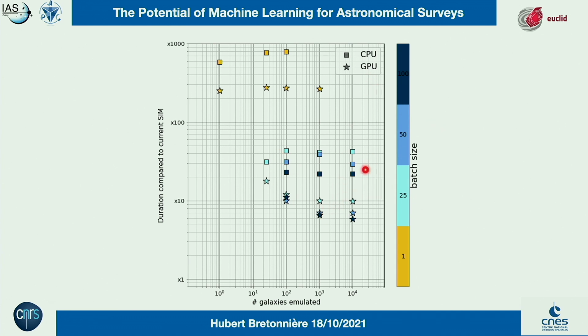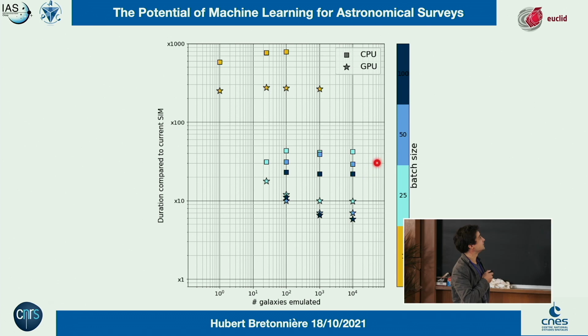The squares are galaxies simulated with CPUs, and the stars are when we use our model with GPUs. And so you can see that with GPU, you're always faster. This is something new, but it's interesting to see that if you want to use that in a pipeline for an astronomical survey where you want to simulate a huge number of galaxies, well, try to have GPUs in your pipeline.